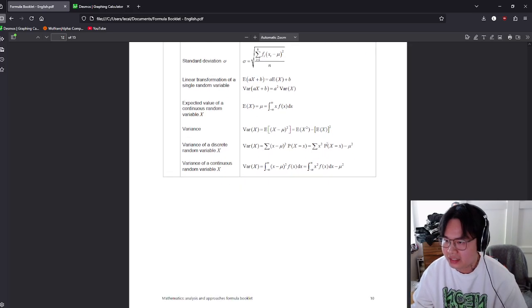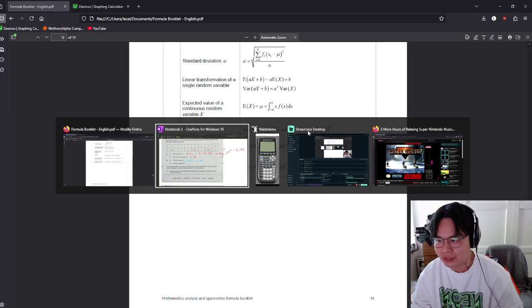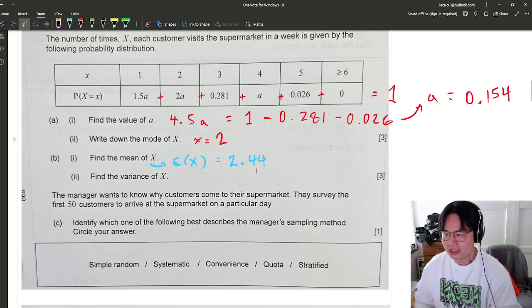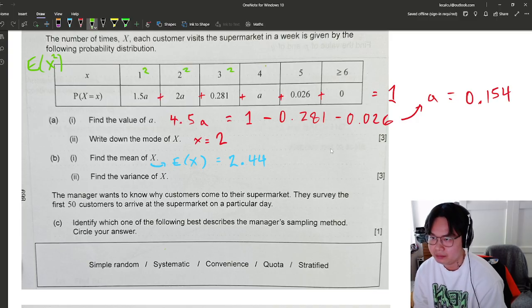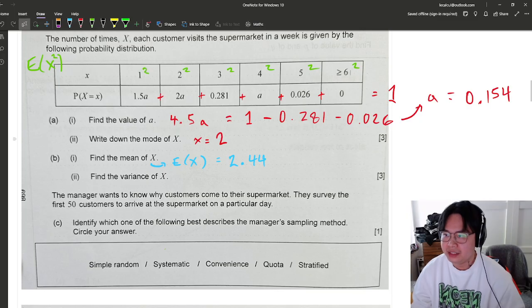And then I had a kid ask me, what does this mean? And why do we do it? Because the expected value of x squared is where you square the x values and then multiply them with the probability as it is, and then you sum them all up.